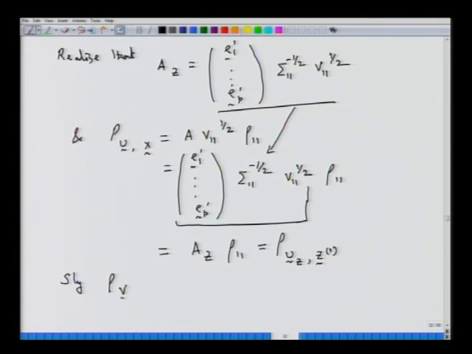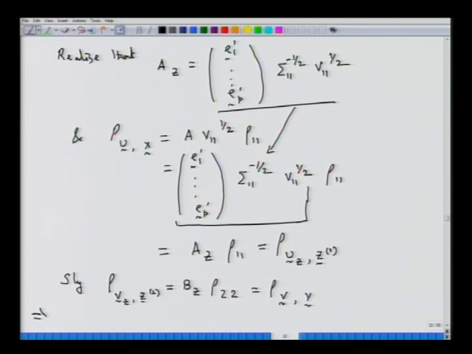We can also prove that the correlation matrix between v and y is what we have just derived as Bz times rho 22, which is Vz and the z2 component. This is just equal to the correlation matrix between v and the original set of variables, that is y.